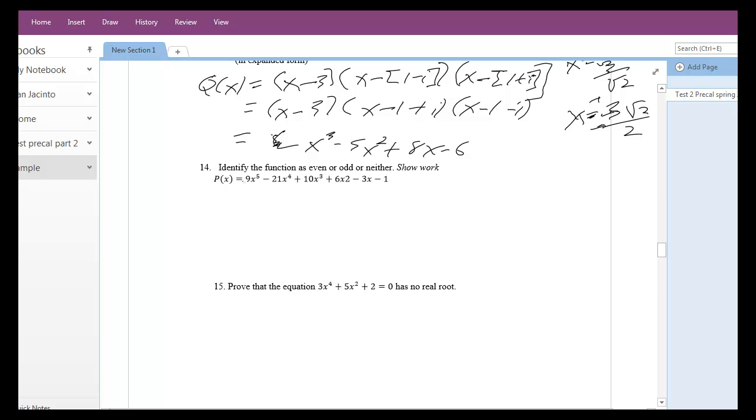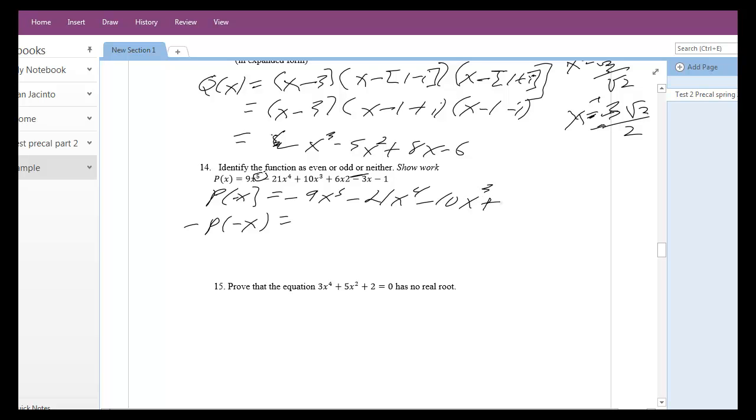Well, first of all, I said negative, so I'm assuming it might be odd. I know I need p of x. I know I need p of negative x. And I know I need minus p of negative x. So we're going to come in here and make this minus 9x to the 5th minus 21x to the 4th minus 10x cubed. That should be squared right there.